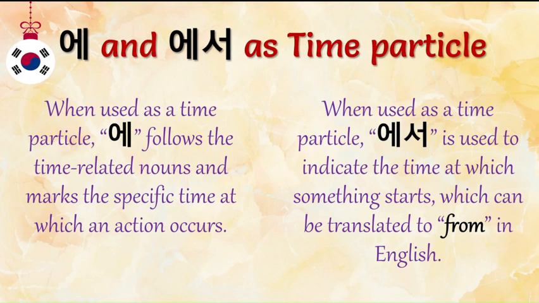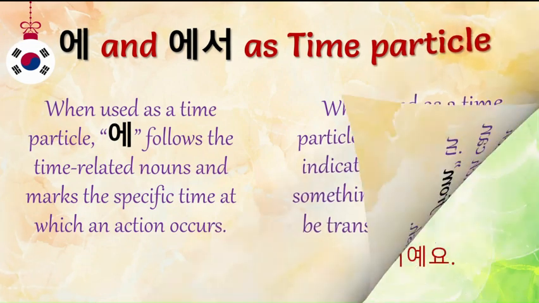Okay, so this is the difference. 에 indicates the specific time and 에서 indicates the starting time, the time at which something starts, and therefore it translates to "from" in English. Okay, we say from 7 o'clock, from 9:30 a.m. So that "from" is 에서 in the Korean language.